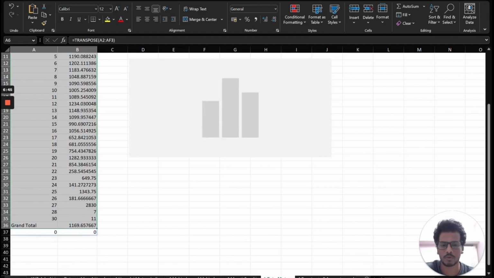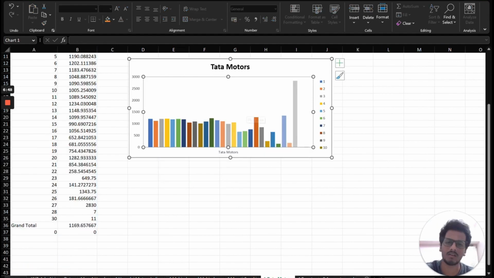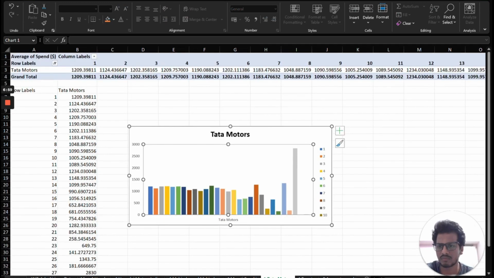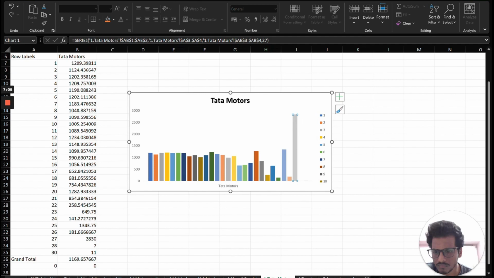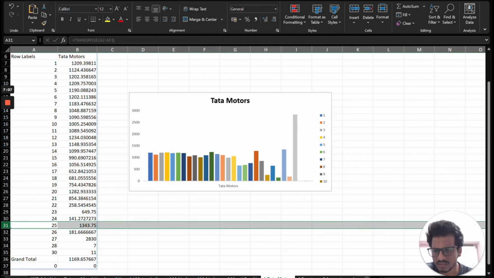All right. Tata Motors have spent almost similarly, but there is a huge jump in one column, that is, one pod position. Let's see what it is. Yeah, 1343, because all of these other values are in single or triple digits.